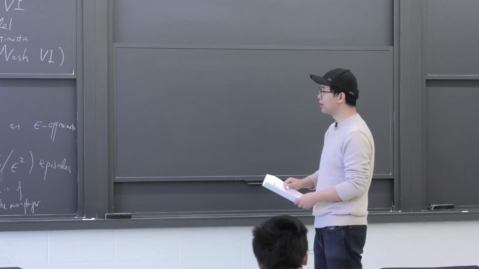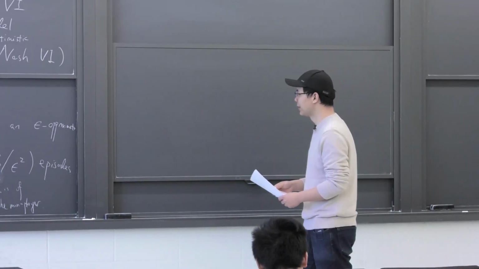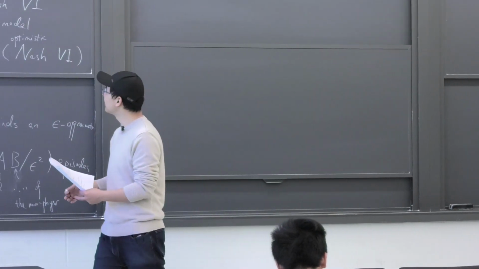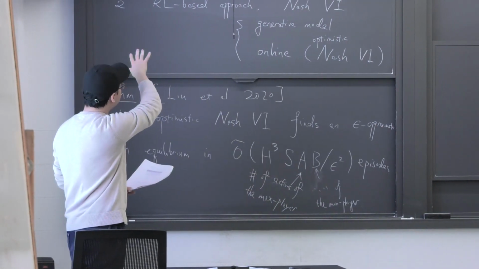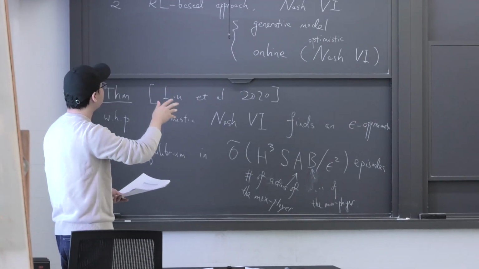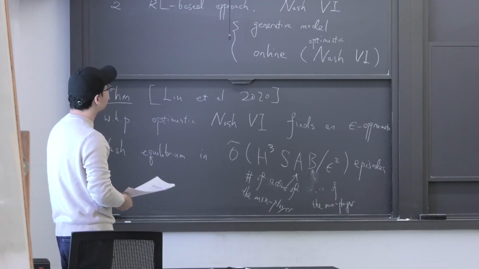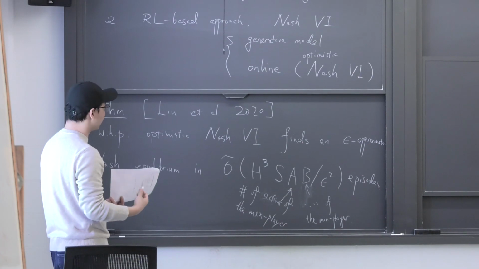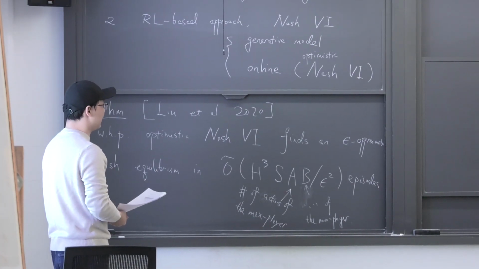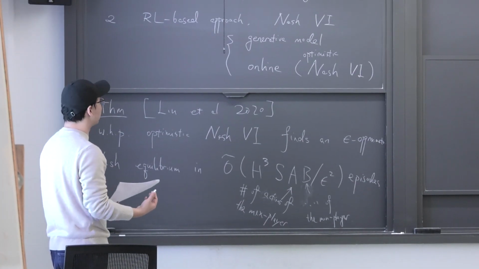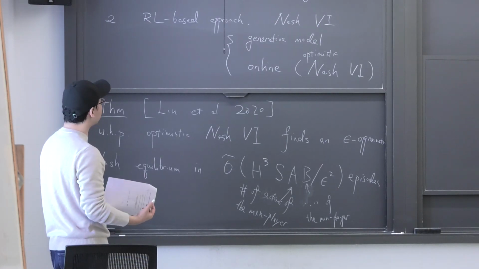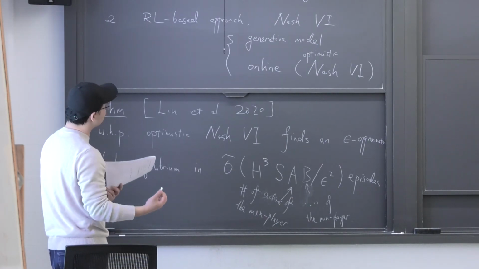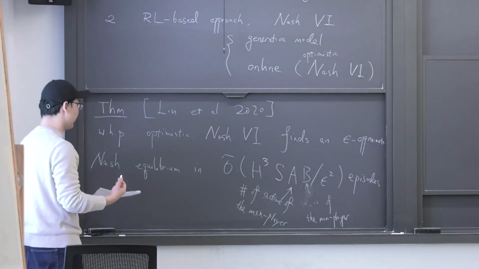I think the most important thing about this theorem is this. In the previous case, in the first class of algorithm where we combine best response based algorithms with single agent reinforcement learning, we said it's likely we cannot get any efficient guarantee, because the policy space is huge and those best response based algorithms are not very efficient.